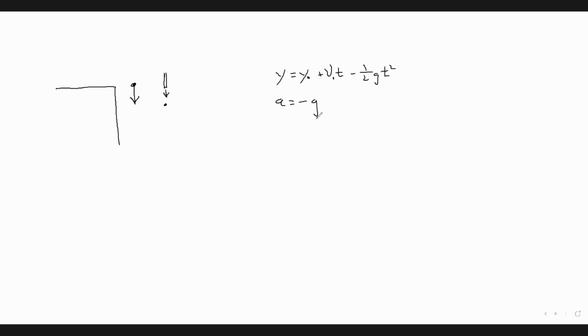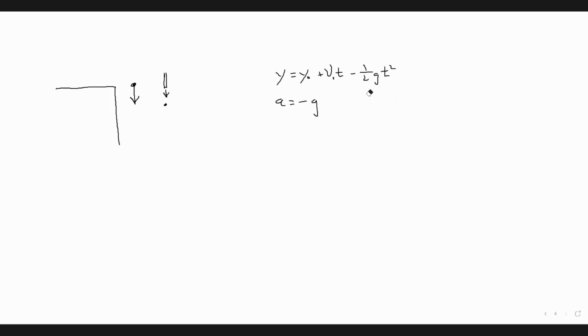The acceleration due to gravity is minus g. This term here is 1/2 a t squared, where a is the acceleration. That's why we put the minus g in there. So the acceleration of this is simply the acceleration due to gravity.